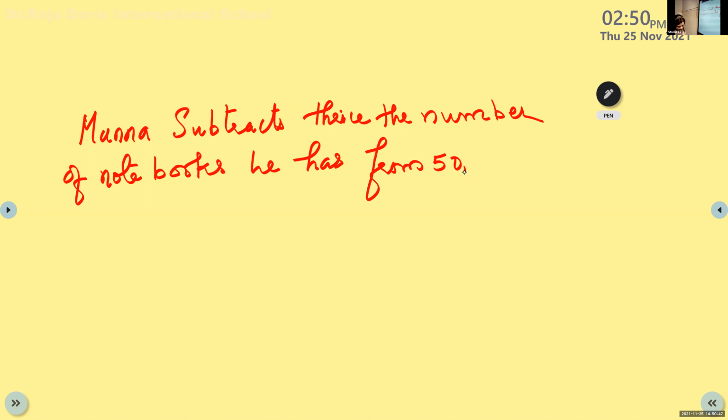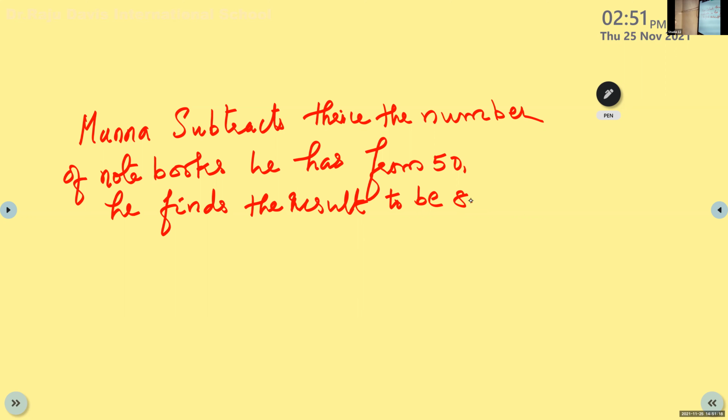He finds the result to be 8. Okay, come on, find the number. Munna subtracts thrice the number of notebooks he has from 50. He finds the result to be 8.